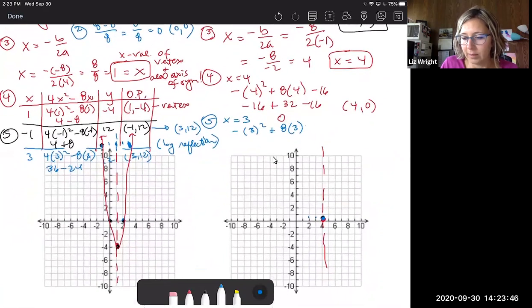Yeah. So minus 16. So then here we're getting negative 9 plus 24 minus 16. And you should be getting, I think it's negative 1, right? I want to think about this. Okay. So we should be getting negative 1 for this one.